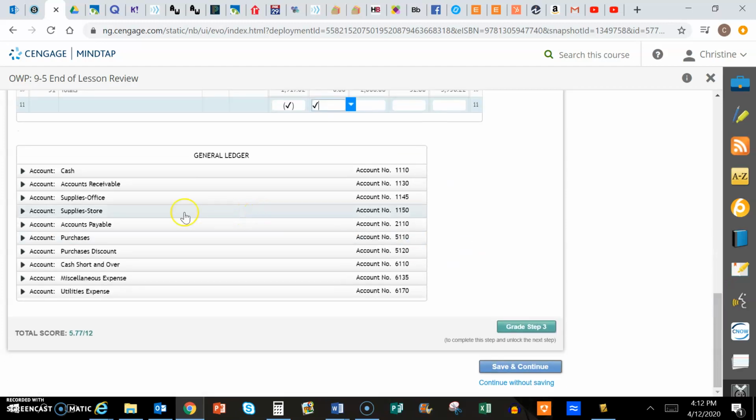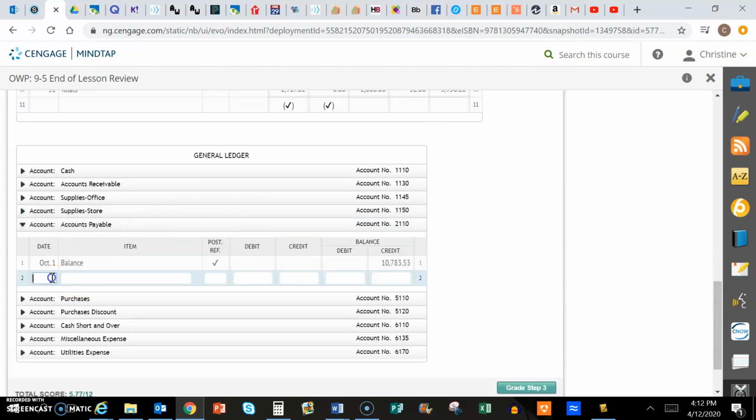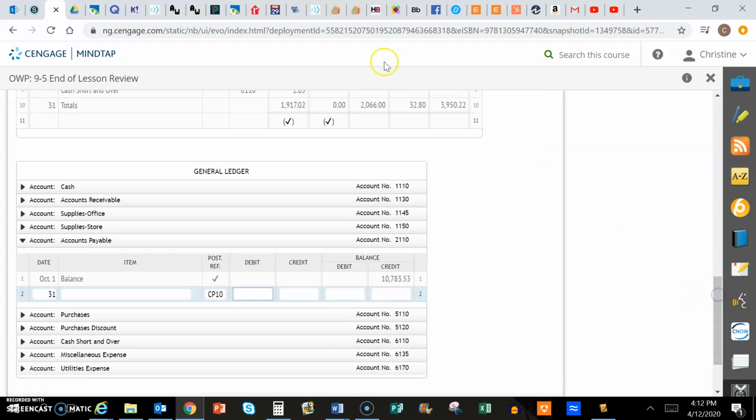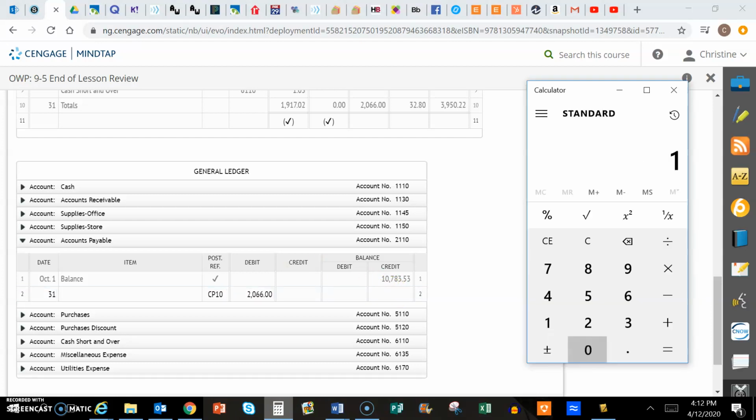So I'm going to go to accounts payable, 31, still coming from CP10. And the transaction is 2066 debit. That means I'm going to take my 10,783.53 and subtract out the 2066 because that's a debit.